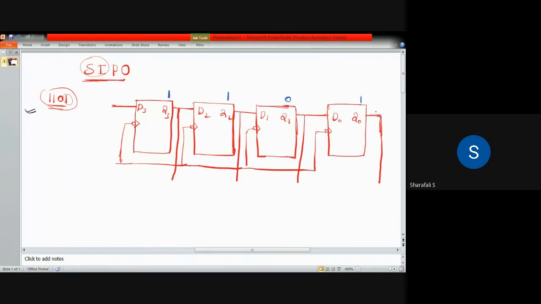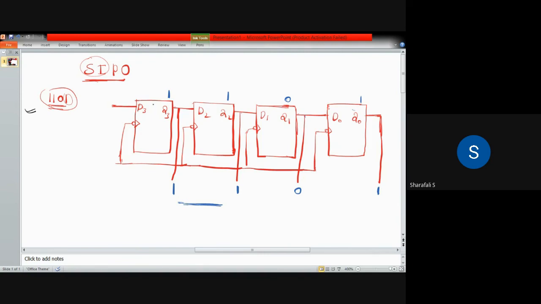But in this case we are taking the output parallelly, so we can get the output from this configuration itself. So we are having 1 here, Q2 we are having 1 here, Q1 we are taking parallelly, so we are having 0 here, and Q0 also we are taking here. So we'll get the binary value that we gave through the input.